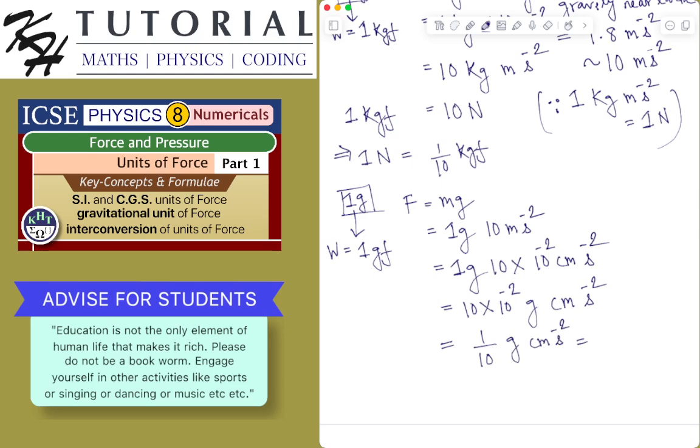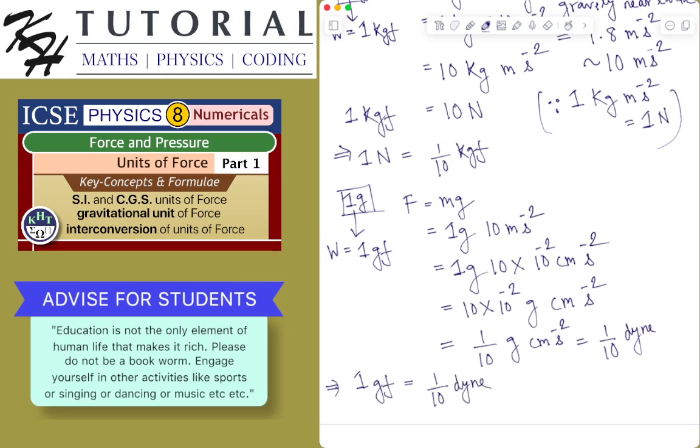So this is 1 by 10 dyne. So we got that 1 gf is equal to 1 by 10 dyne.